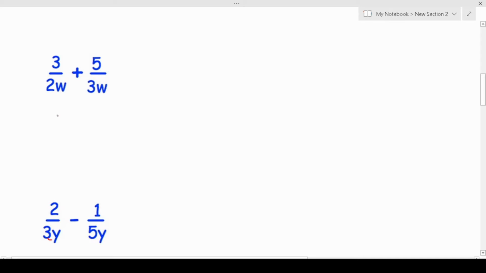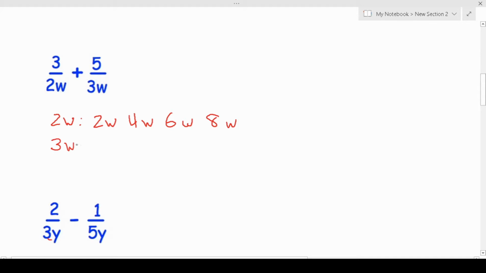All right, in this example, you can see that, again, we're trying to add these algebraic fractions, albeit with different denominators, notably 2w and 3w. Again, as we would with normal fractions, we're going to list out multiples of the denominators so that we can find their least common multiple, and we'll set that to be their denominator. So multiples of 2w are 2w, 4w, 6w, 8w, and so on.